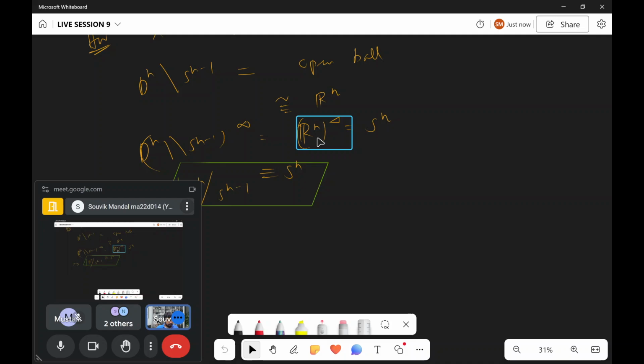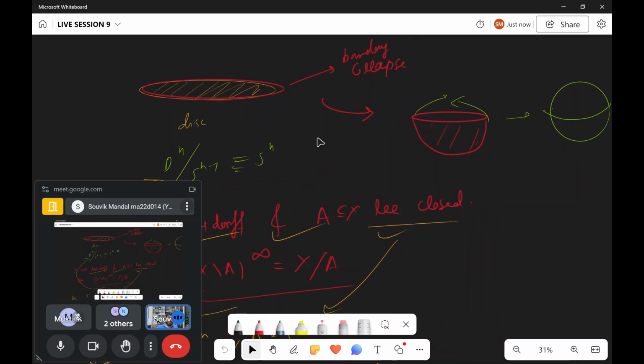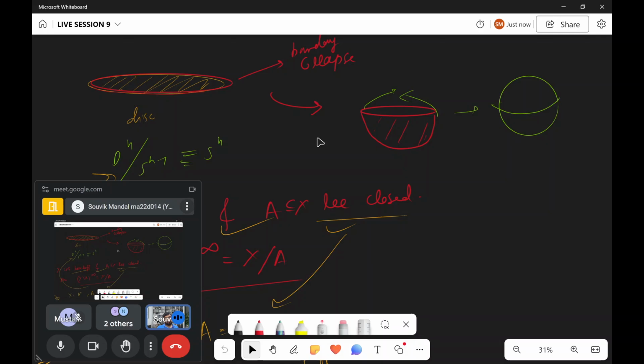Are you able to understand the argument? So basically, what we have done: first, I observed that if we consider the n-disk and collapse the boundary, then we should get the n-sphere, and that is what we are getting.